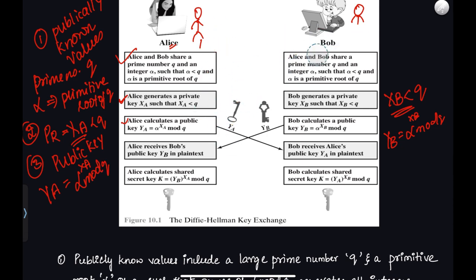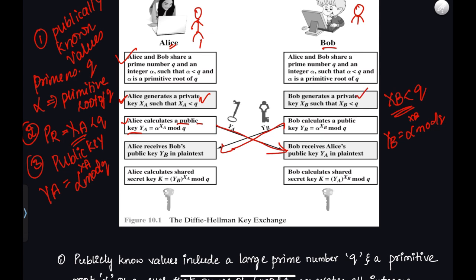My next step is to perform the key exchange. Alice will send YA, the public key of A, to Bob, and Bob will send his public key to Alice. Here the main twist comes when Alice and Bob are exchanging their public keys with each other. In order to calculate the public key, we should know what the private keys are, right?